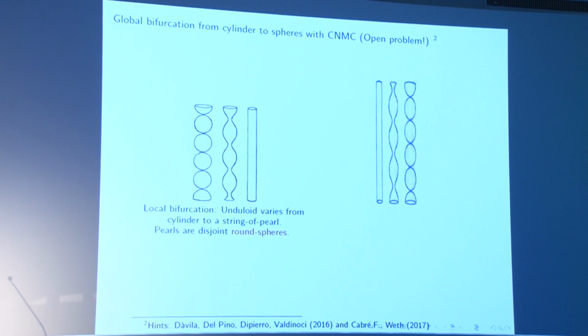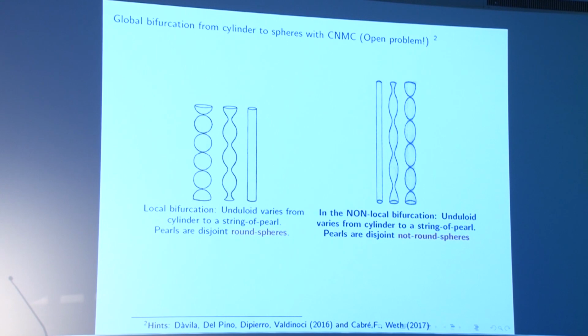In the non-local case, understanding this global behavior is an open problem, of course, but we were interested first in looking at what happens in the limiting problem. There you may bifurcate from cylinder to string of pearls, but the pearls are more ellipsoidal, not round spheres. This is due to certain non-local interaction. I will detail this phenomenon a little bit more.